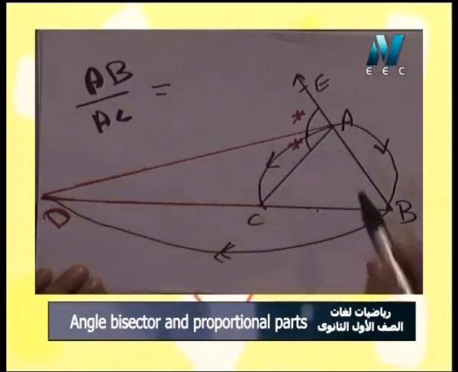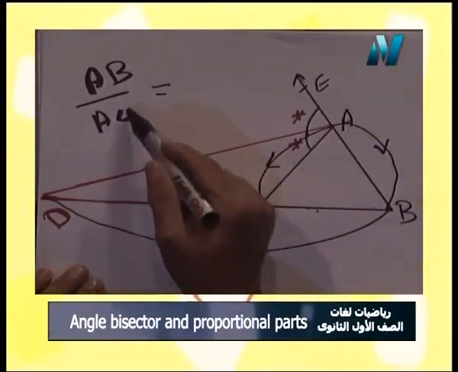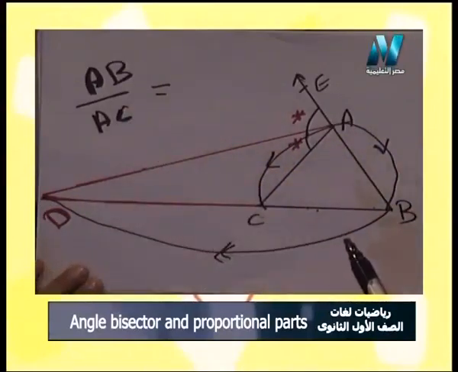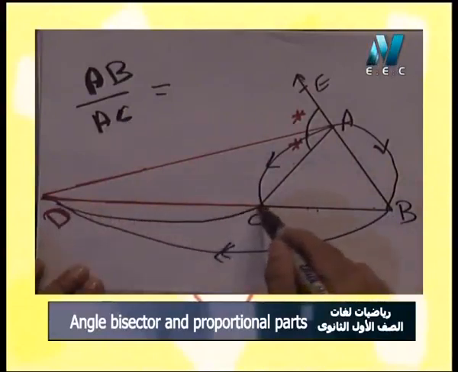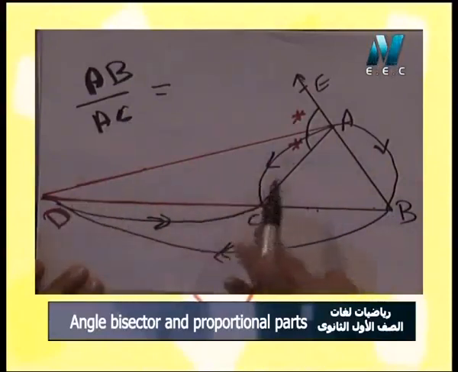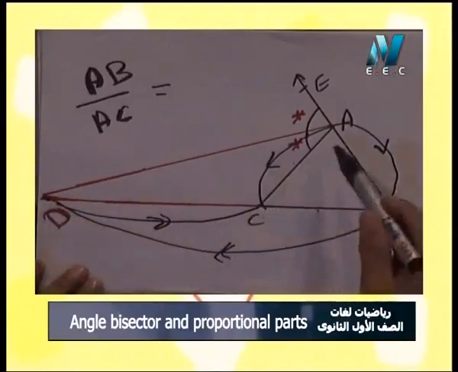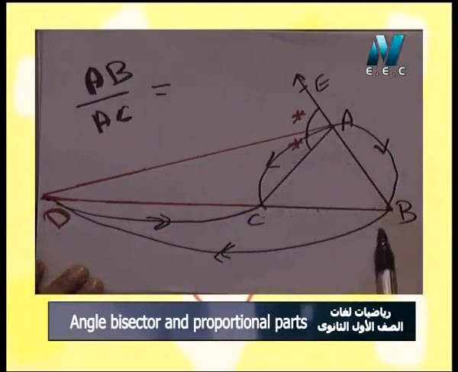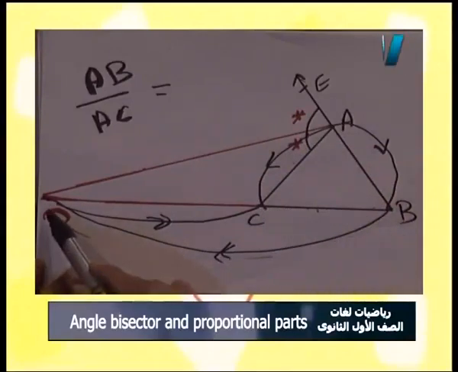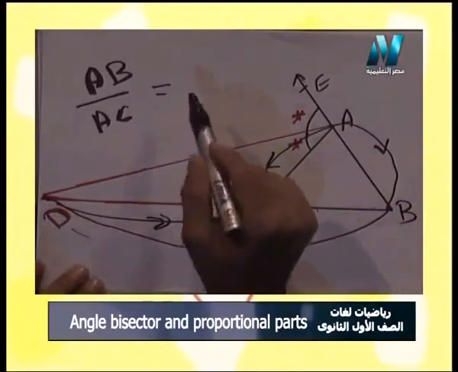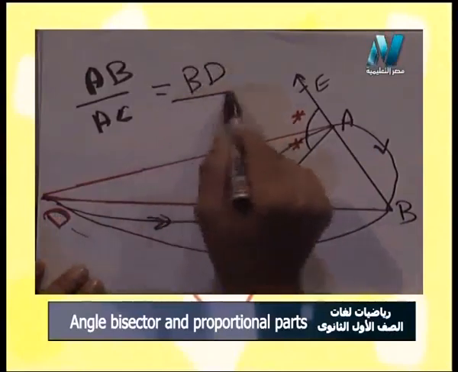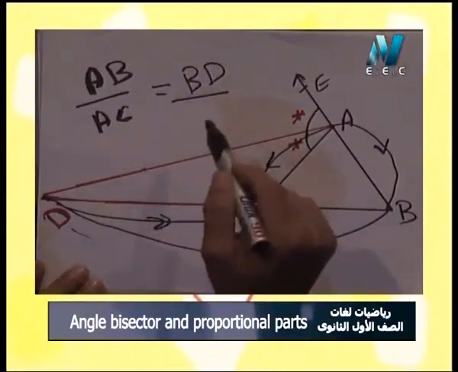So we have AB over AC like that, equals BD over, we return again to DC. So we go BD to D, and we return again to C. Again, AB over AC equals BD over DC.